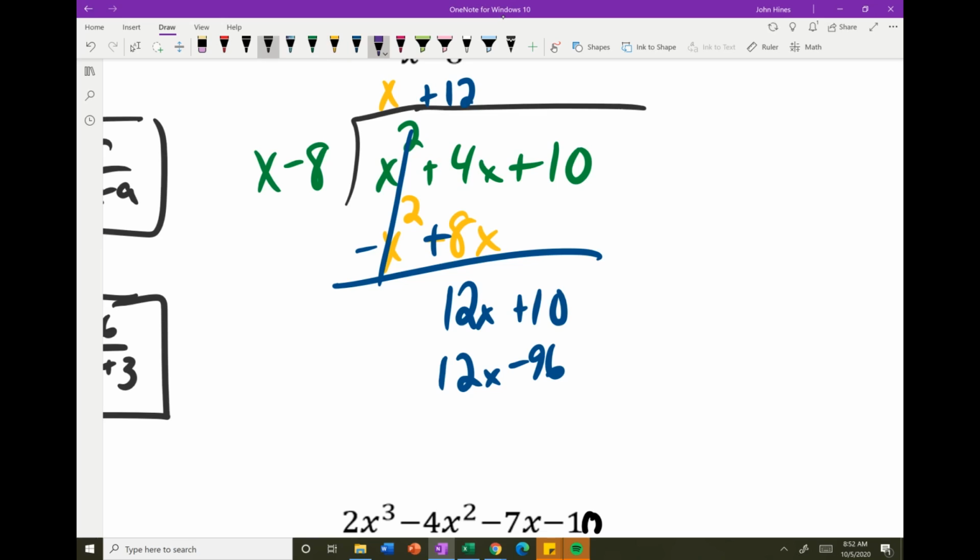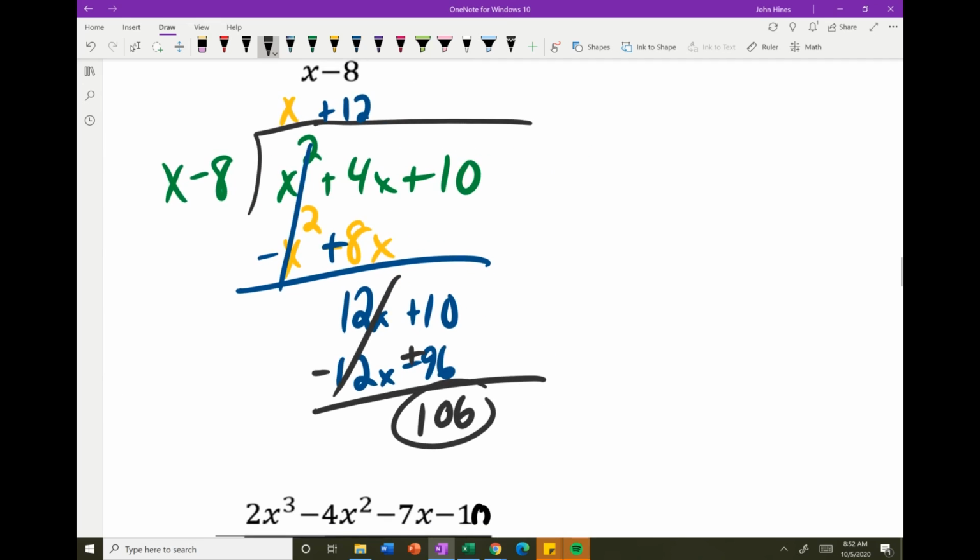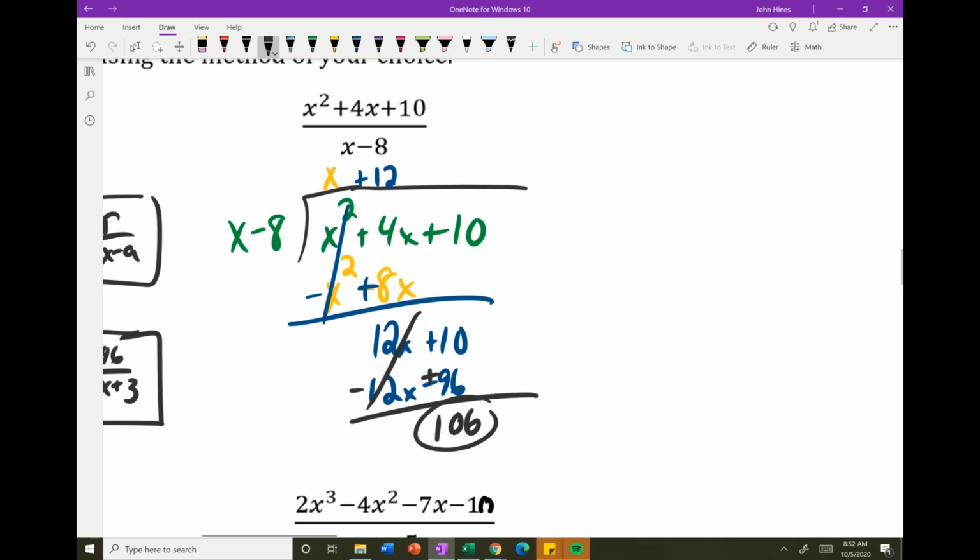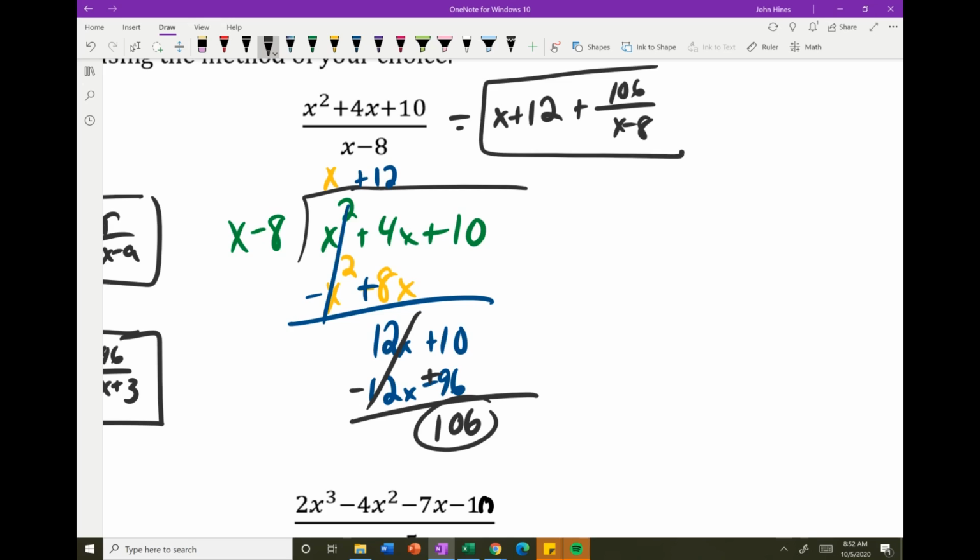But then we need to change our signs to subtract, and we end up with a remainder of 106. So my answer: the quotient is x plus 12, plus 106 over x minus 8. That right there is my final answer. Quotient plus remainder over divisor.